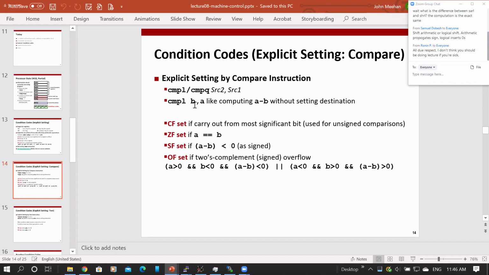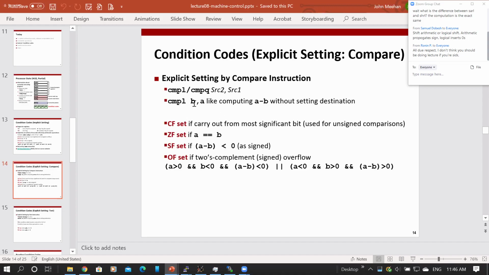So the whole purpose of the compare instruction is to get the side effect of setting the condition code bits, right? So if when you subtracted B from A, you created a carry out from the most significant bit, right? Then the carry flag would be set.